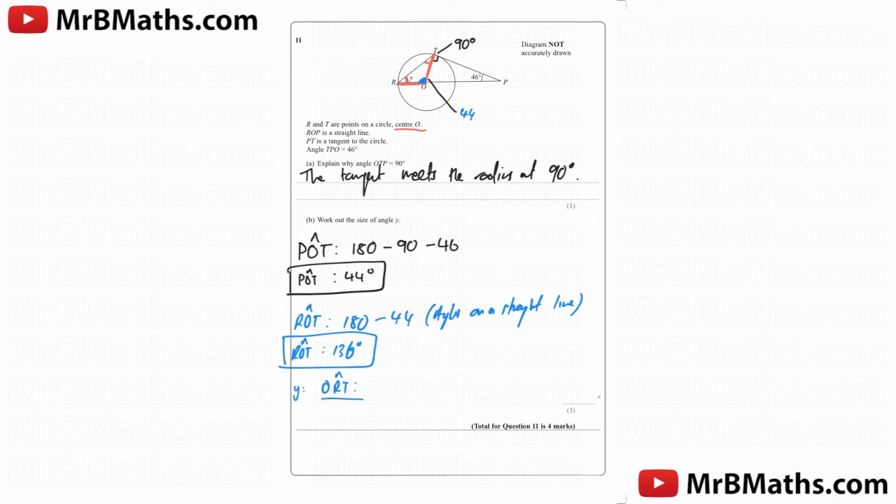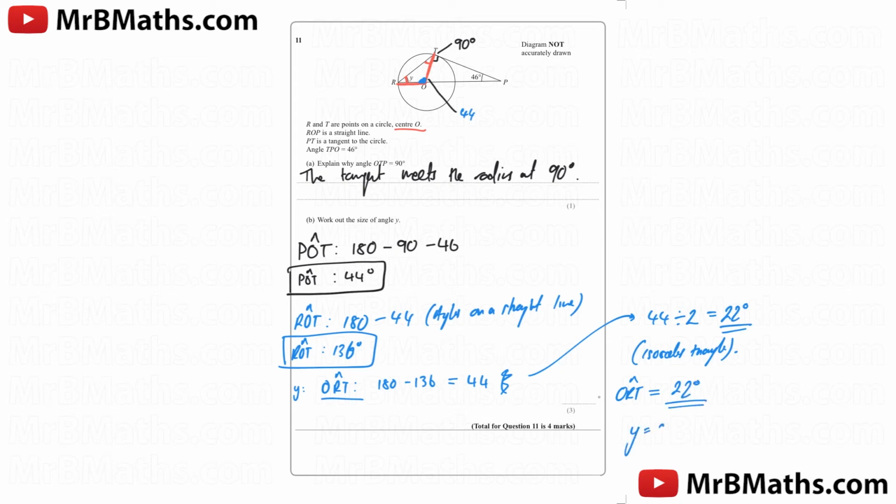Well, that's going to be 180 take away 136, which equals 44. And then we could put over here 44 divided by 2 equals 22 degrees, and then put in brackets isosceles triangle. So we know the angle ORT equals 22 degrees, or Y equals 22 degrees, and that's our final answer.